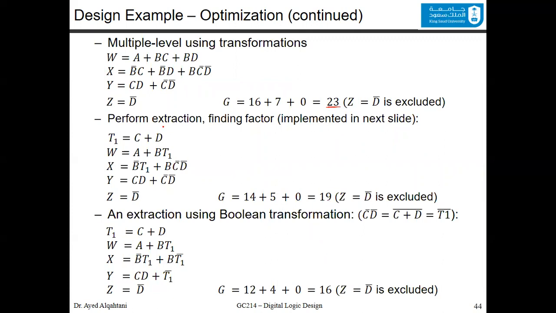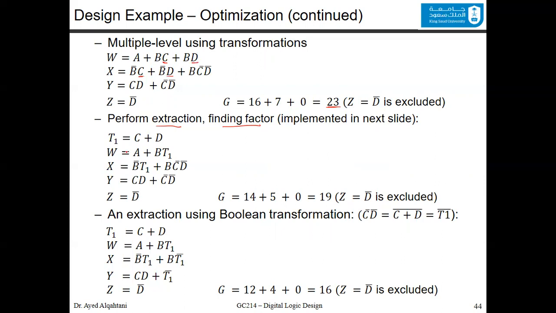What we did here, we perform extraction by finding the factors. So we did it this way. We find out that we could define T1 as C or D, because you notice that there is C and D here, and the B could be taken as a common factor. Also, there is C and D here, and you could take it as a common factor.